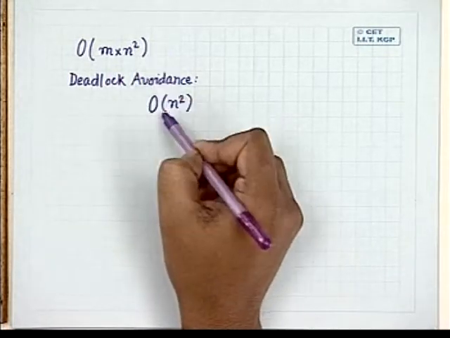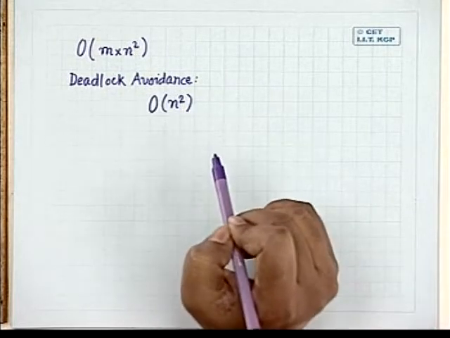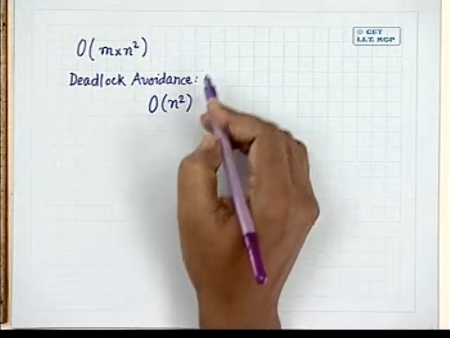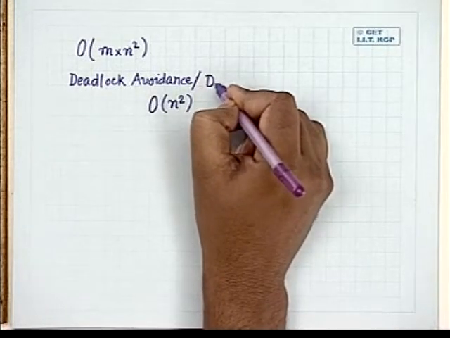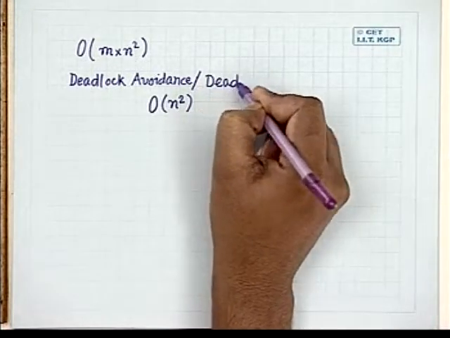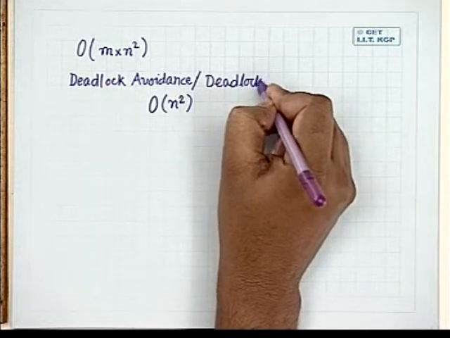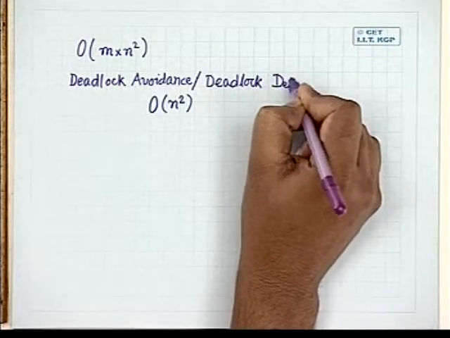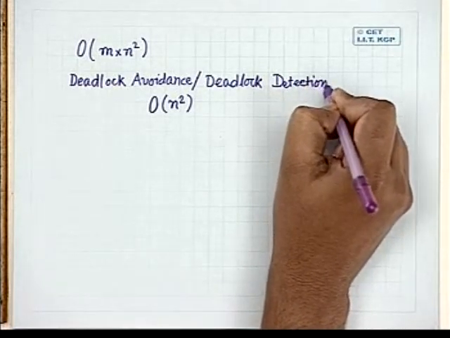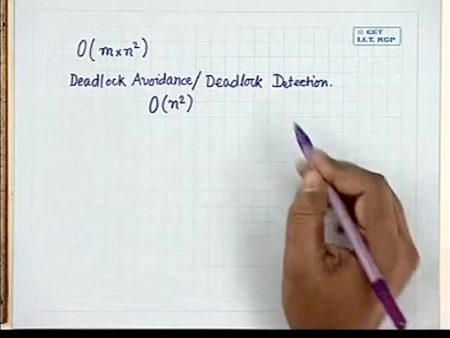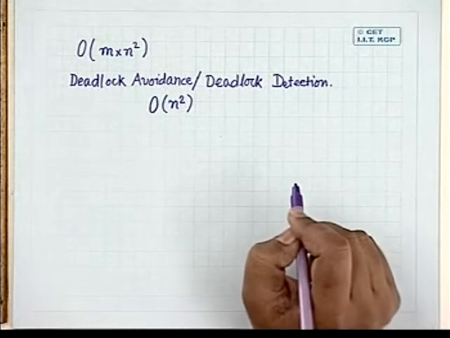So you find that we get a reduction by an order of 1, and this is applicable both for deadlock avoidance as well as for deadlock detection. Okay, so we can have a reduced complexity.